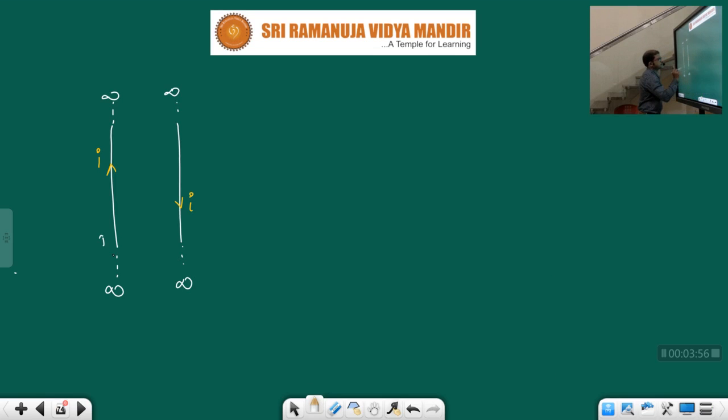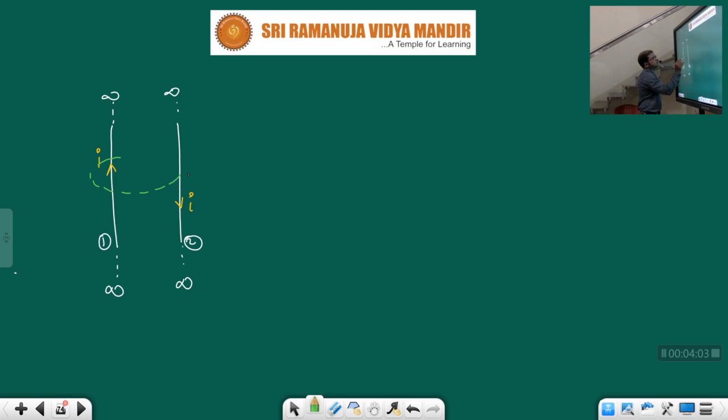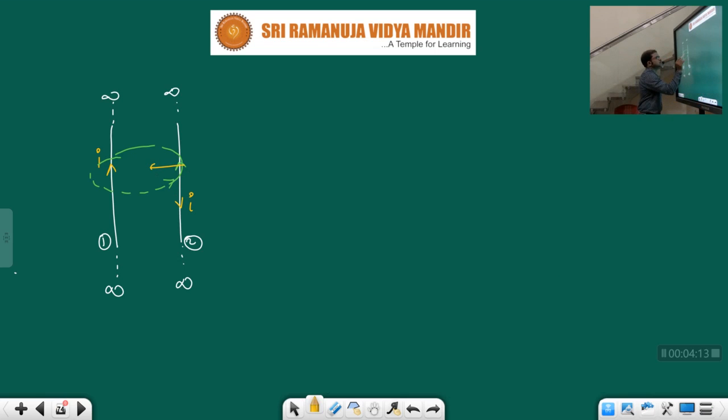Due to the first conductor, the second conductor also receives magnetic field which is inwards. Like the previous case, force is acting towards the first conductor, that is force in second conductor F2.